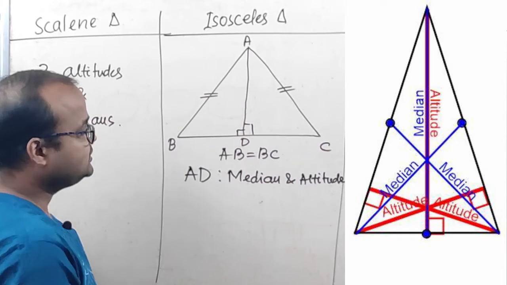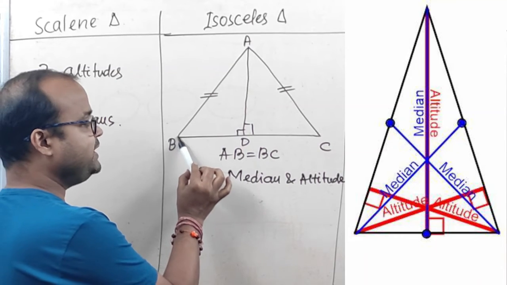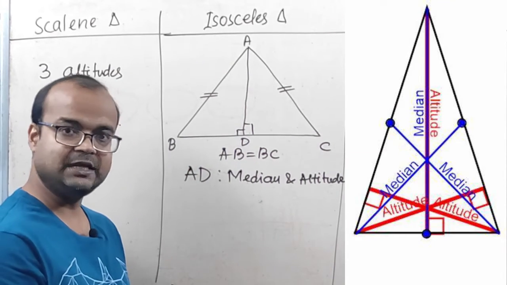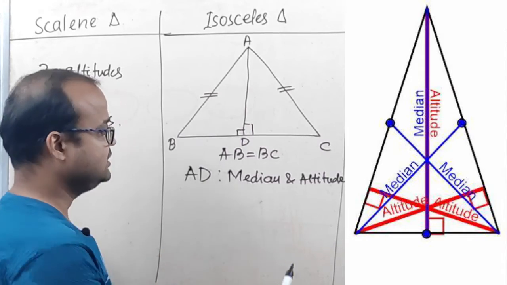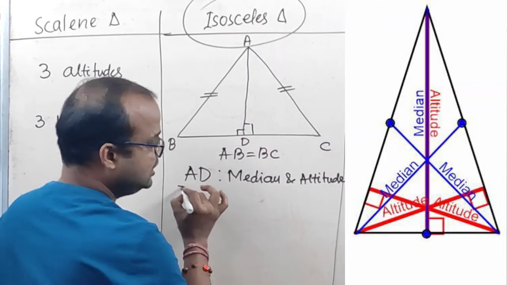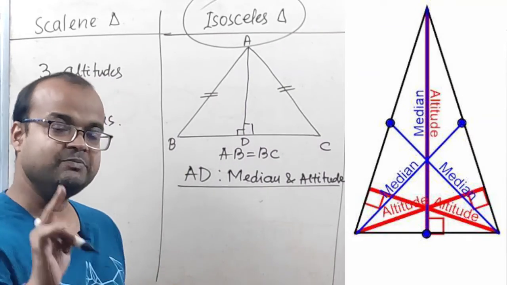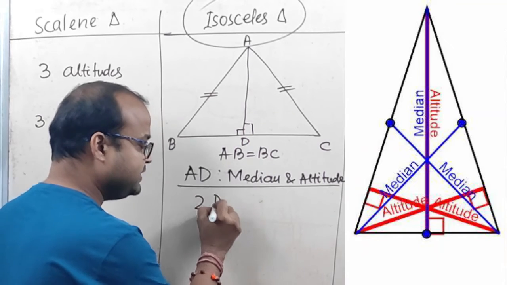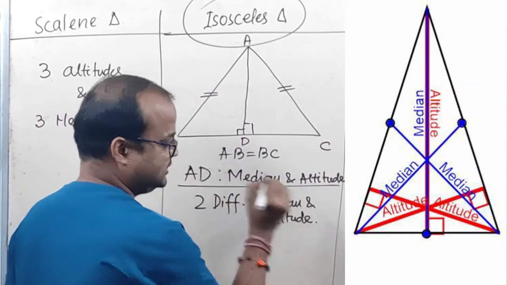But if you draw a perpendicular from B, then you will get a different altitude and a different median. So in case of an isosceles triangle, one altitude and one median are the same line, and you will get two different medians and altitudes.